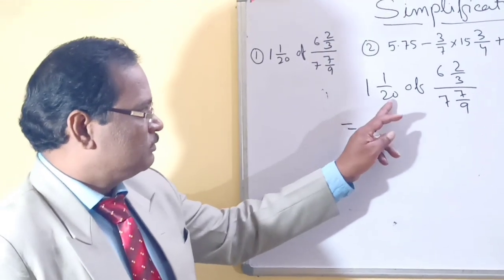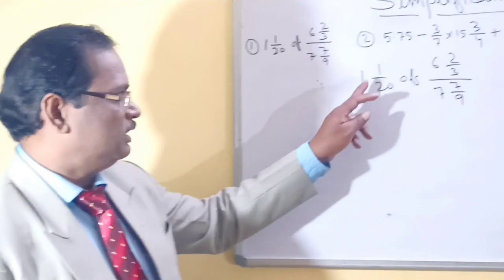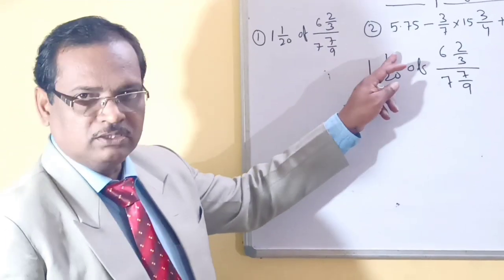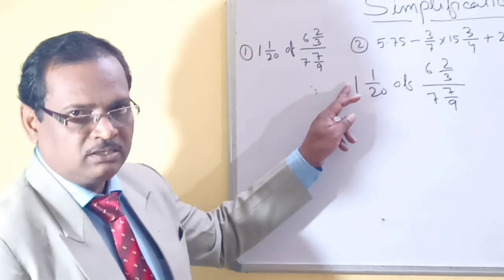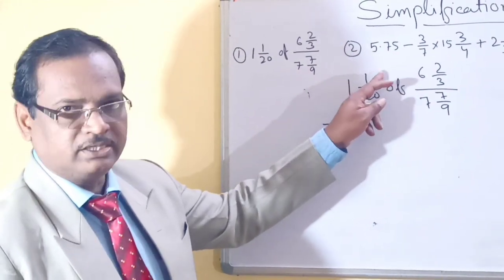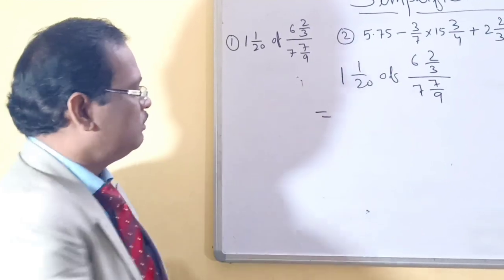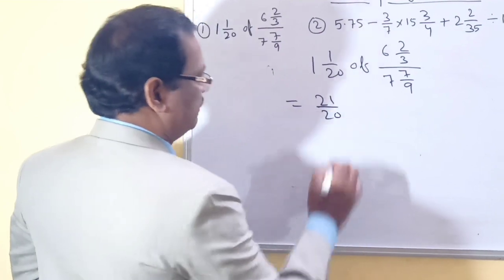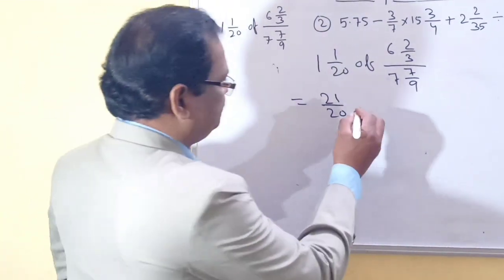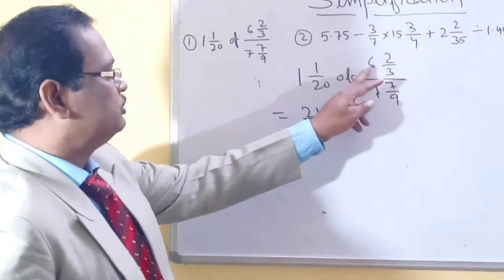So I will multiply the denominator 20 with the whole number 1 and add the numerator 1. So 21 by 20 of 6 2 by 3.